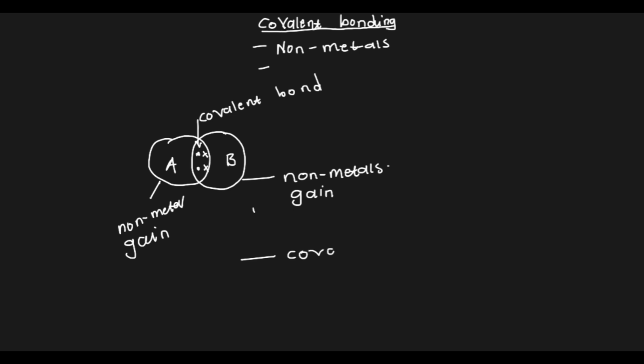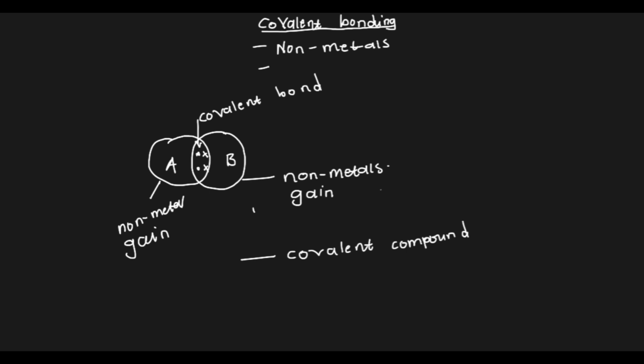The process by which the bond is formed is what we call covalent bonding. The whole substance that consists of elements A and B is what we call a covalent compound. So the compound is the product: what we get after two or more nonmetals combine is the covalent compound. The bond is known as the covalent bond, and the process by which it is formed is covalent bonding.